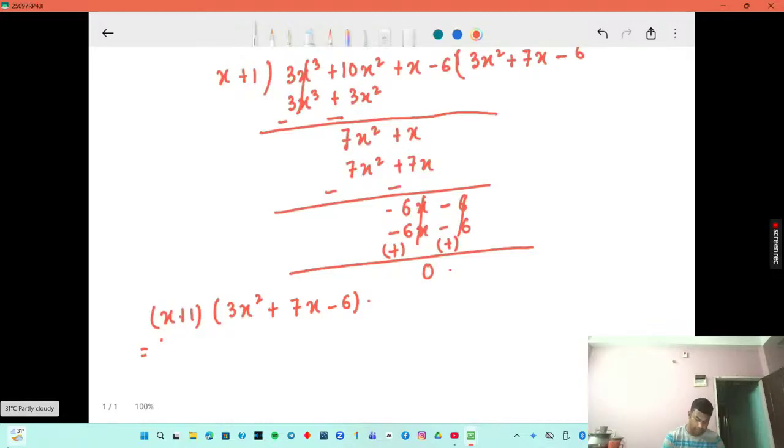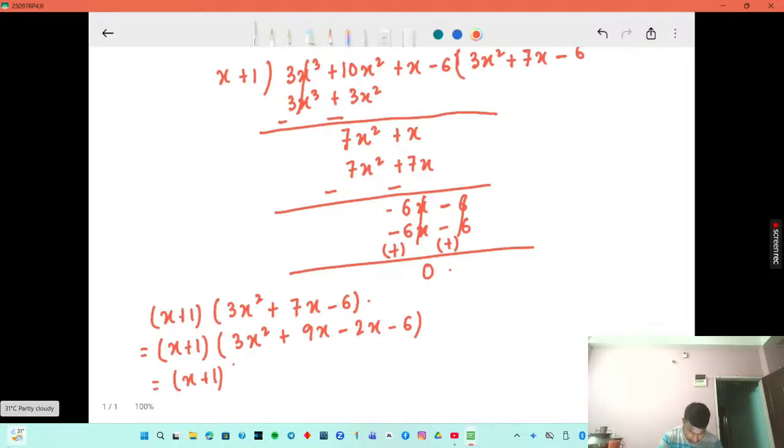Now when we factorize the quadratic equation, we will get, here the product will be minus 18. So 3x square plus 9x minus 2x minus 6 is equal to x plus 1.